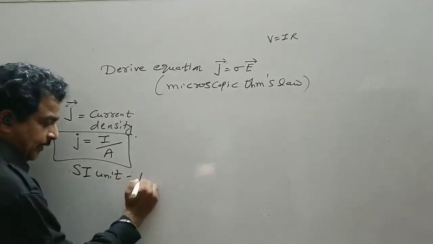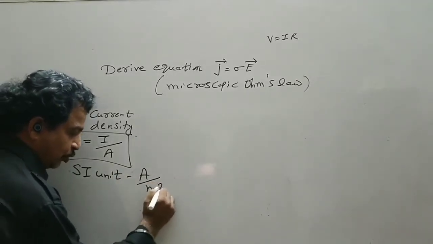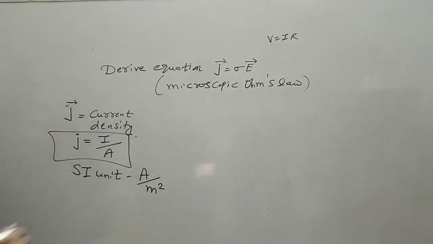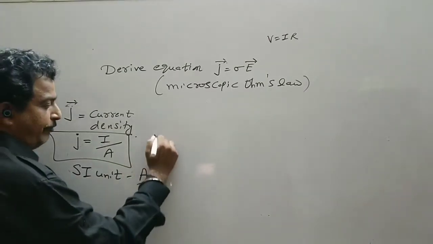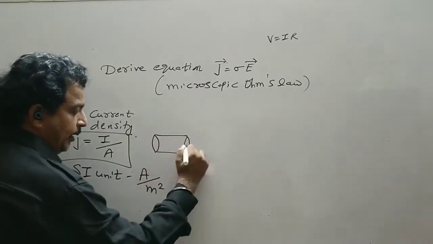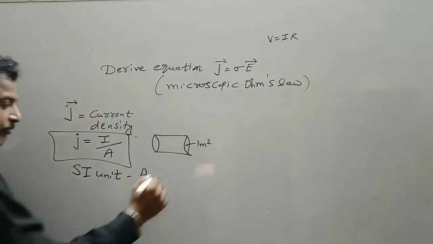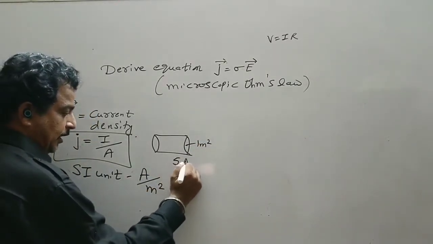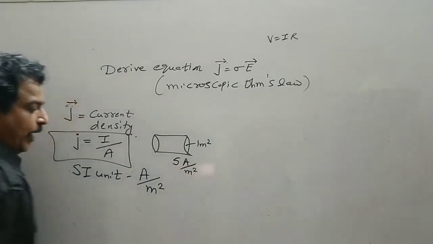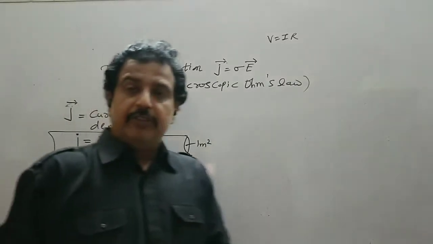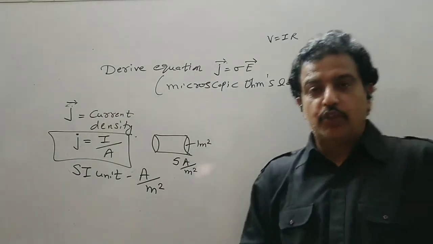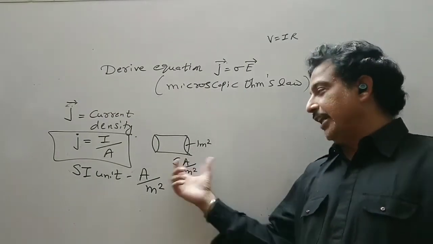SI unit is ampere per meter square. So if I take a cross section of area 1 meter square, and I say the current density is 5 ampere per meter square, it means the current flowing through it is 5 ampere.